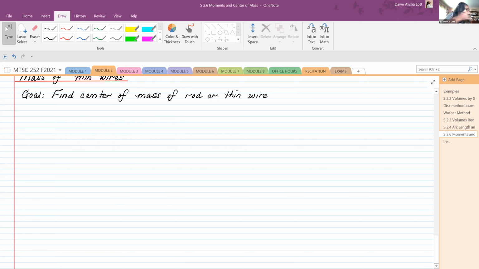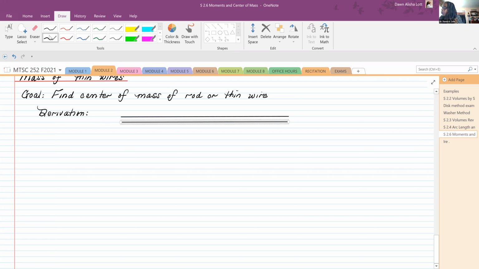So I'm going to derive this thing. This is the derivation, guys. The derivation helps to motivate the understanding of it. We're going to assume that this thing is really, really skinny, super thin, and it goes from A all the way up to B. And I'm going to take a little tiny section of it, from here to here.